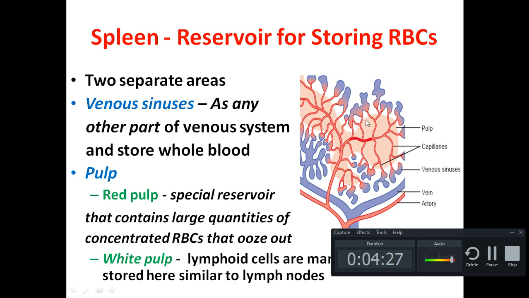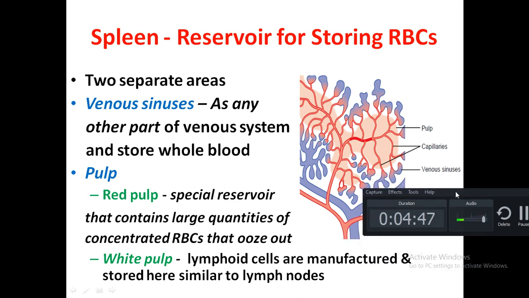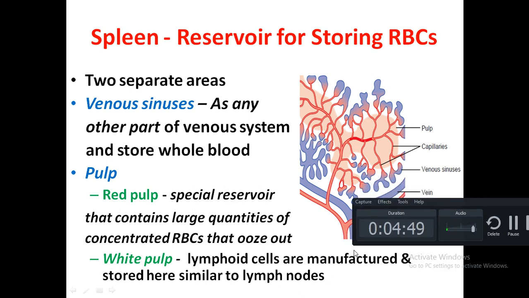So the concentrated RBCs will produce a red appearance, and that is called the red pulp, and this contains large quantities of the RBCs. The second portion of the pulp is the white pulp, which is a portion in which the lymphoid cells are manufactured, and then they are stored just like in the lymph nodes.